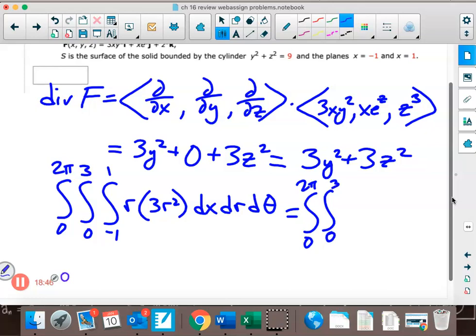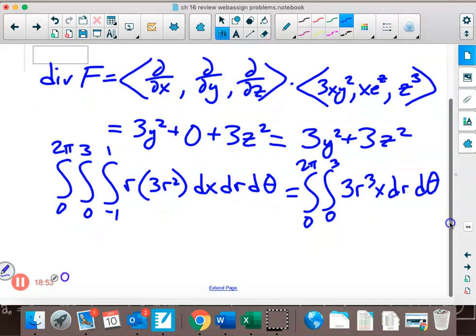0 to 3. So you'd have 3r cubed x, 0 to 2 pi, from -1 to 1. So 3r cubed minus -3r cubed, or 6r cubed.